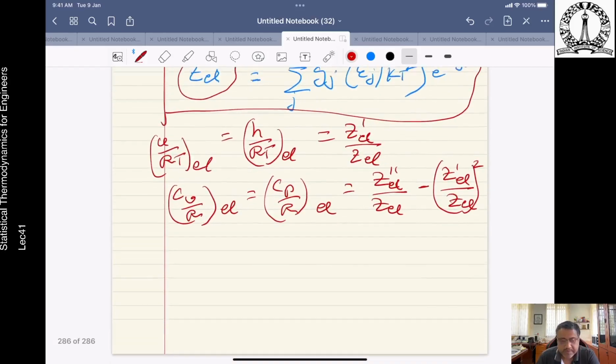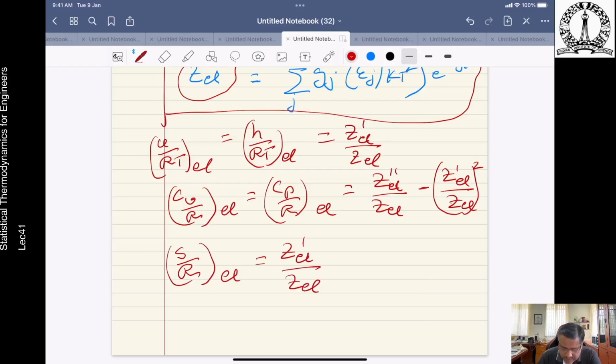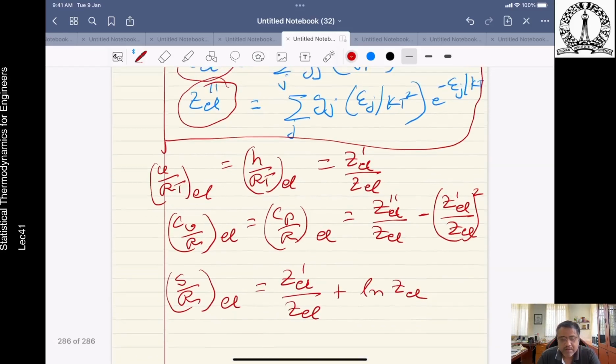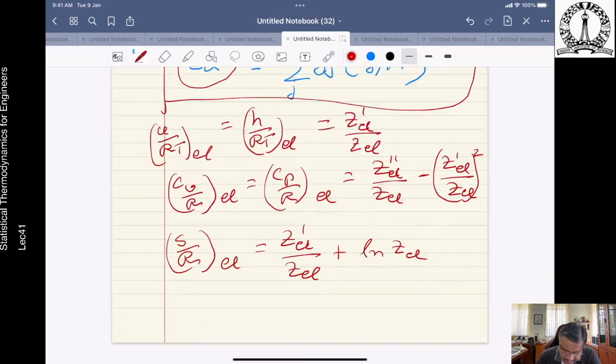Okay. Similarly, we can obtain S by R electronic as the derivative term plus ln Z_el.